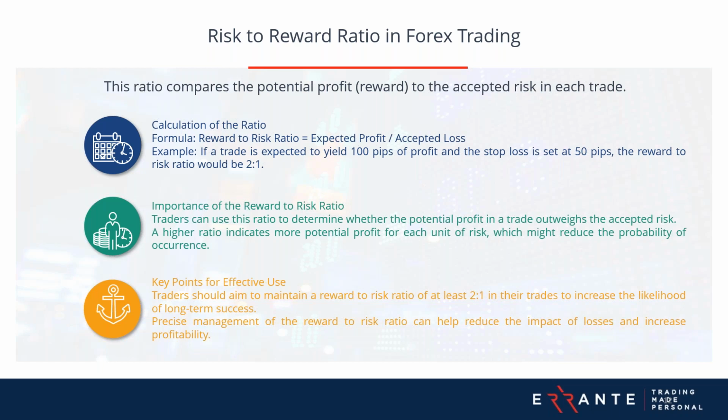It involves not only setting appropriate stop loss and take profit levels based on technical analysis and market conditions, but also adjusting them as the trade progresses to lock in profits and minimize losses. Adhering to a disciplined approach in maintaining this ratio can drastically reduce the impact of losses and enhance overall profitability.